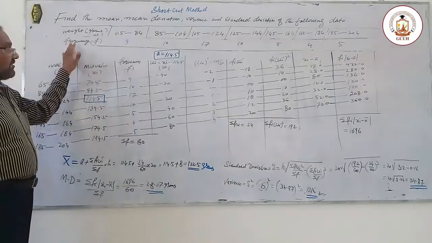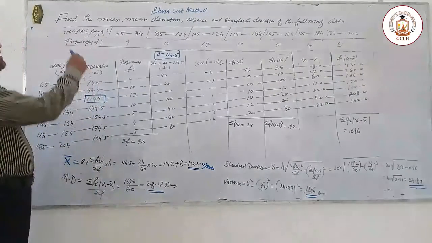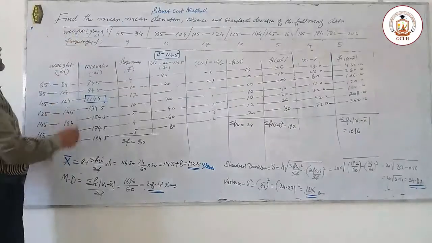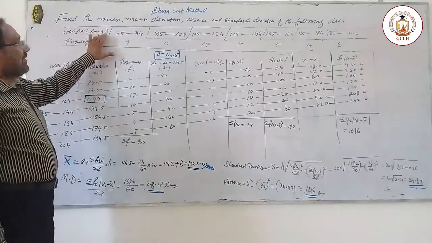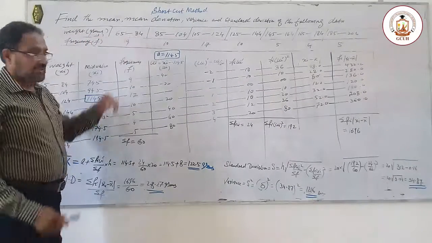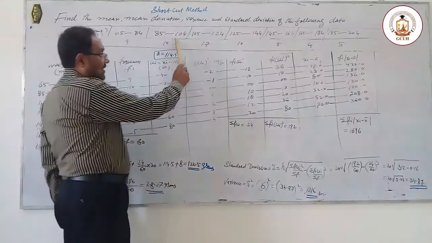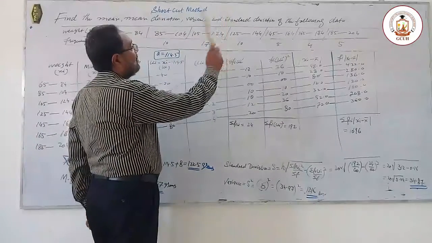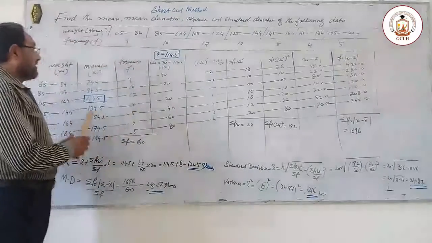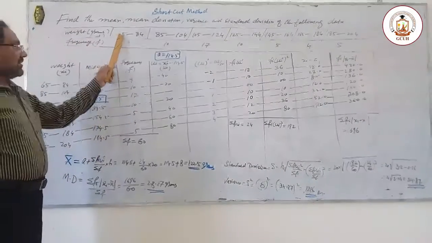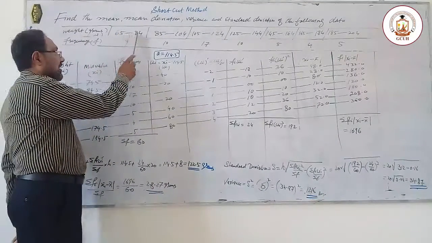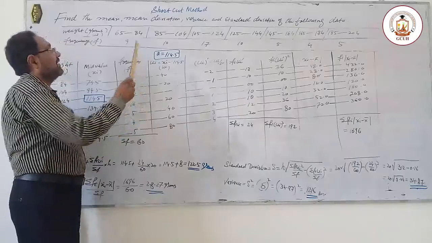Our same question as before. This is weight in grams in class intervals: 65 to 84, 85 to 104, 105 to 124 and so on, and their frequencies are given. The frequency of 65 to 84 is 9.